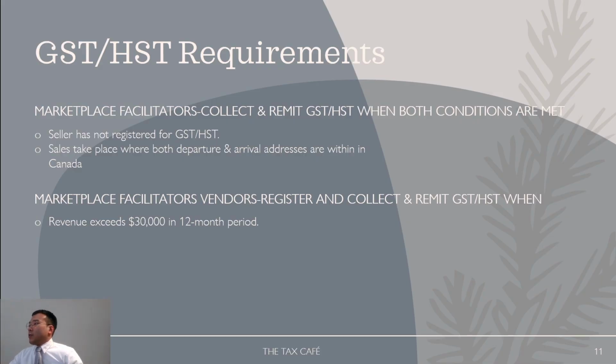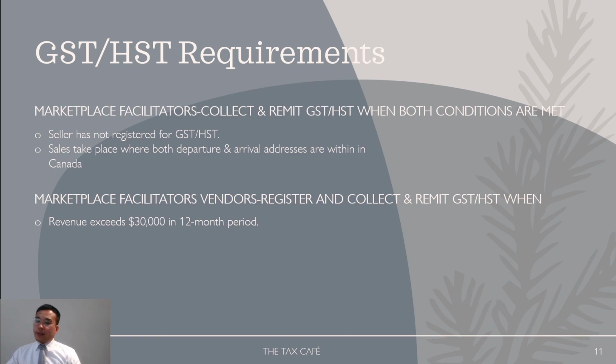GST, HST requirements. This slide says that marketplace facilitators collect and remit GST, HST when both conditions are met: the seller has not registered for GST and HST, and sales take place where both departure and arrival addresses are within Canada.